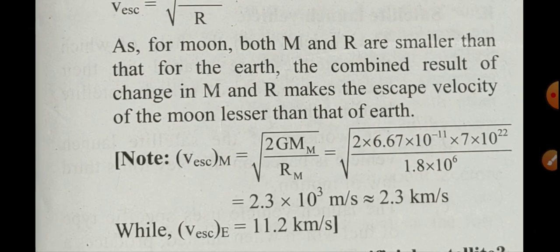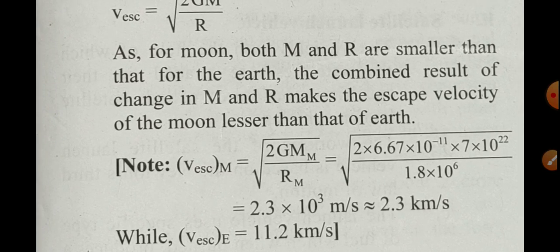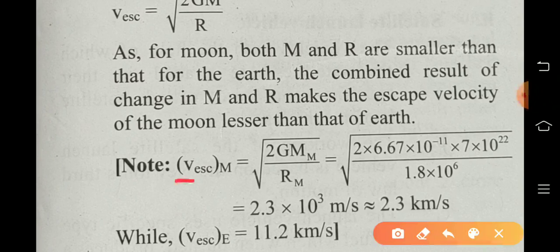Now see, in here the calculation is given. V escape on the moon is equal to square root of 2G Mm, mass of the moon, divided by Rm, radius of the moon. That value we are substituting here.